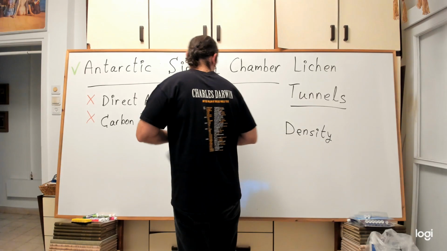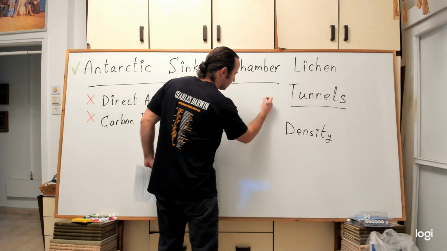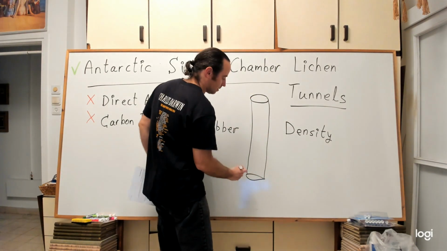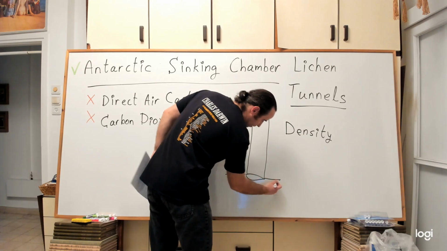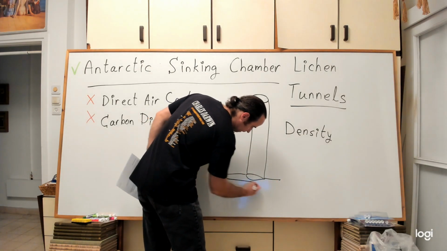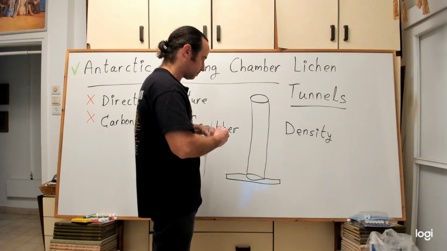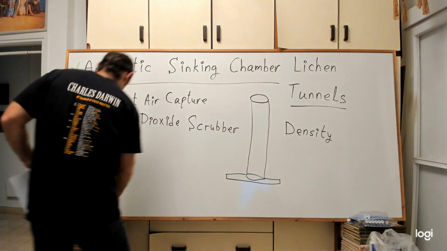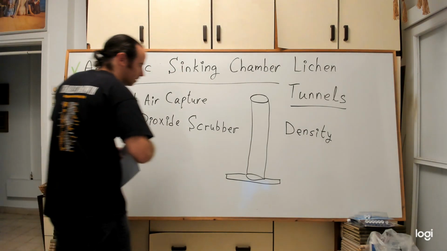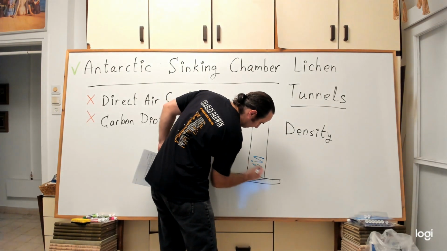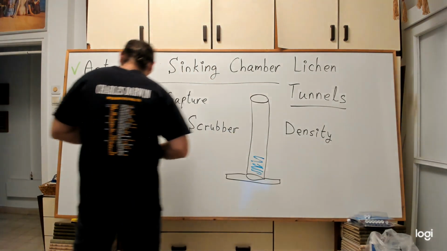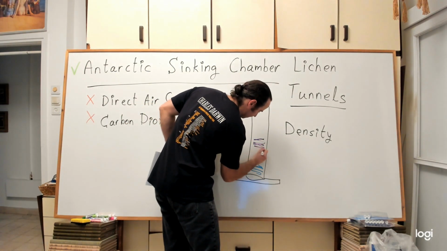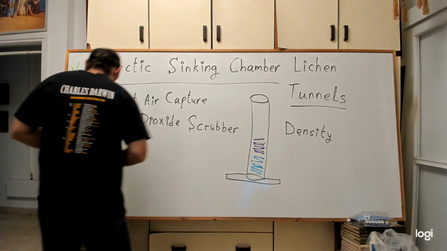So basically it's like you have a tube and it's closed in the bottom. Okay, here it's closed, and in the tube you have all sorts of liquids, like some liquid here, and another liquid here, and another liquid here.